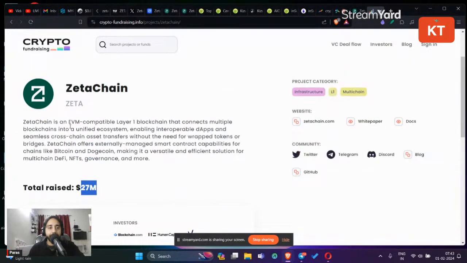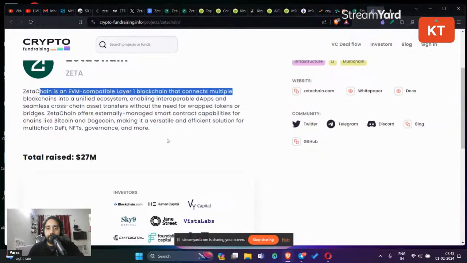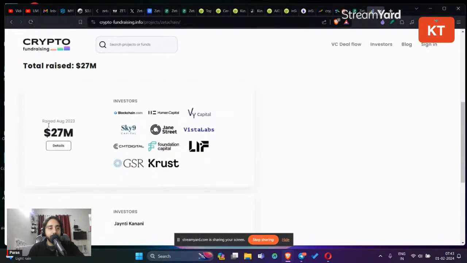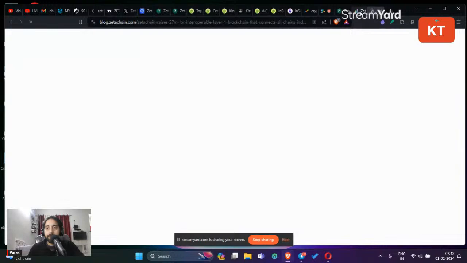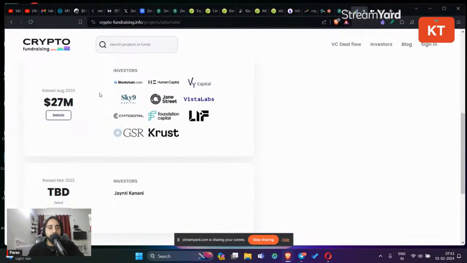They have mentioned the details of the project, EVM compatible Ethereum blockchain, of course, and you can see here details. So you can see the numbers here.